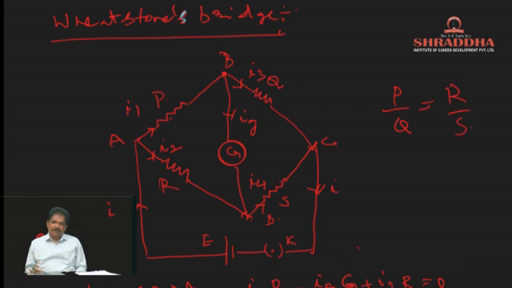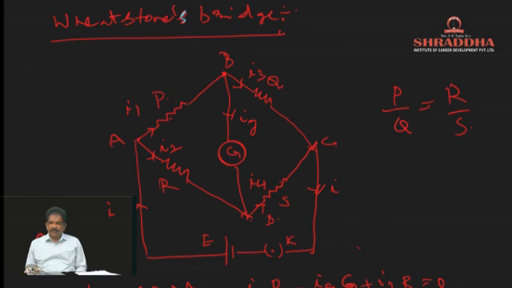Up to now in this class, what we discussed is Kirchhoff's first law, Kirchhoff's second law, and Wheatstone bridge. Kirchhoff's first law is saying the sum of the currents at any junction is equal to zero. Kirchhoff's second law is saying the algebraic sum of all the potential differences in a closed loop is equal to zero.